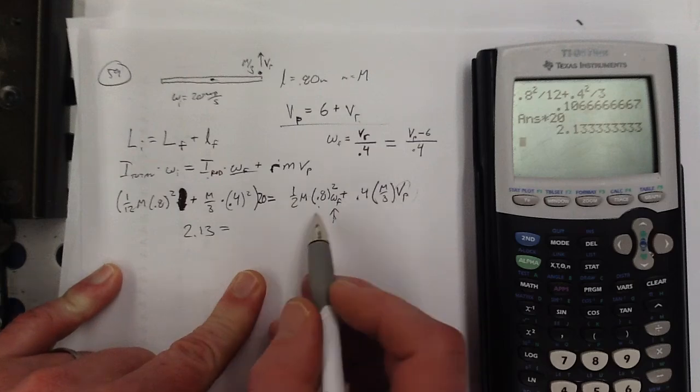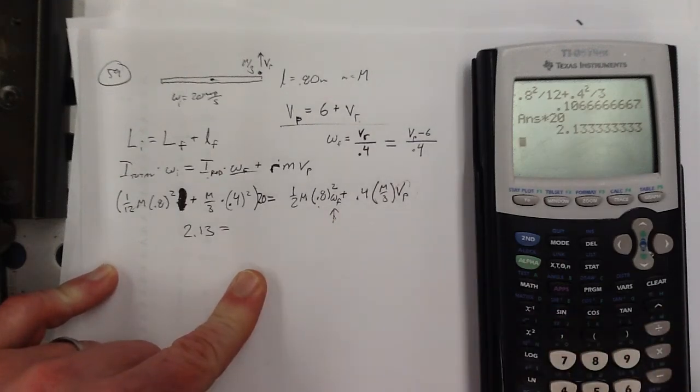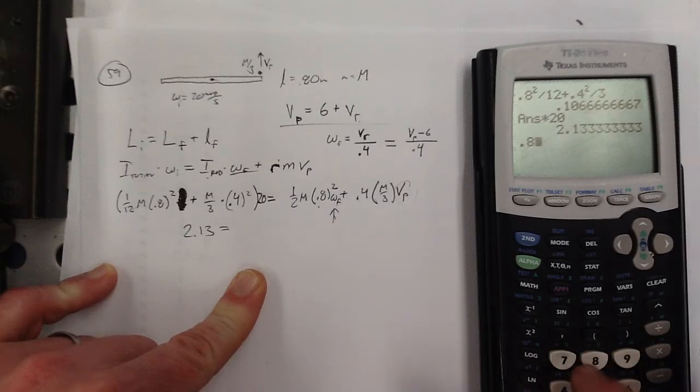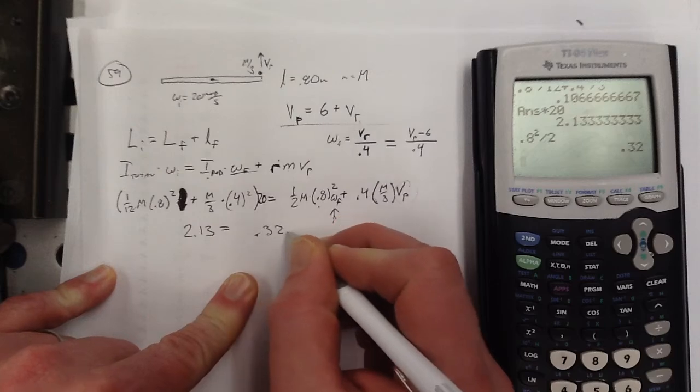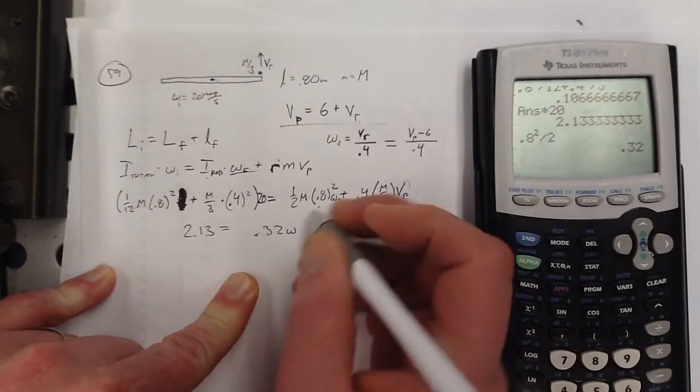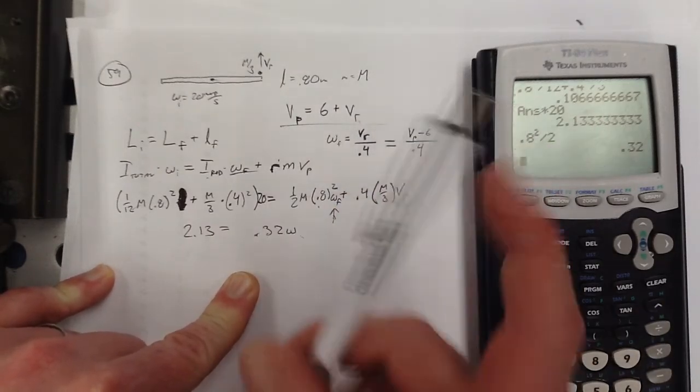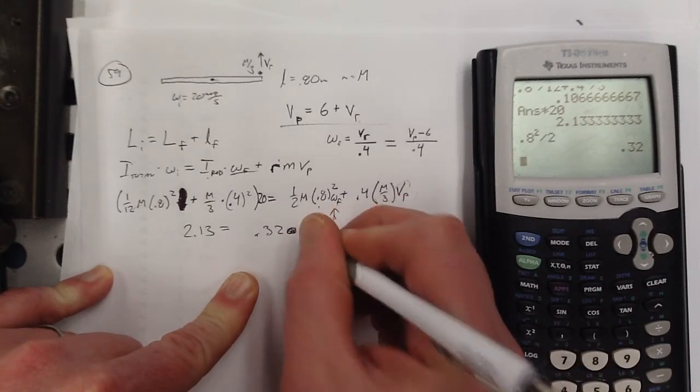So I'm going to do 0.8 squared divided by 2. That's like 0.32, right? Oh yeah. 0.32, oh, times, dang it, more scribbling.